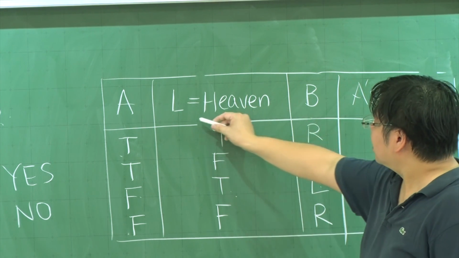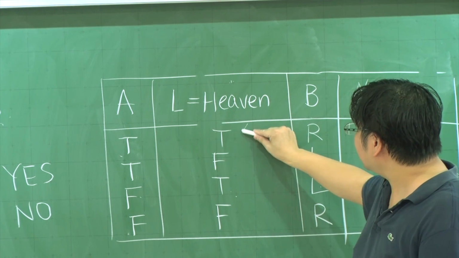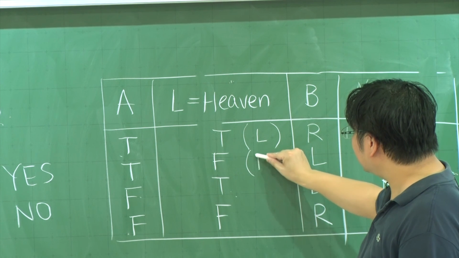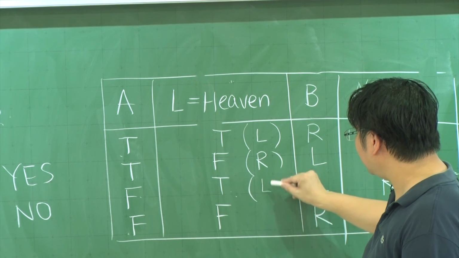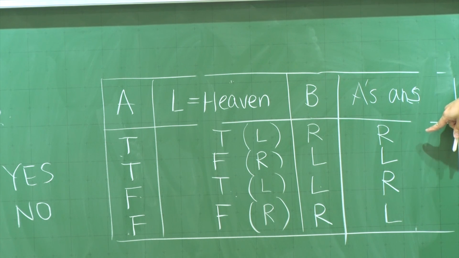So where is the heaven? It depends on the answer to this one. In this case, the heaven is on the left side. In this case, the heaven is on the right side. And then this is A's answer.